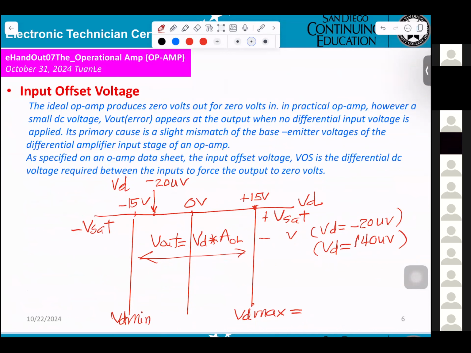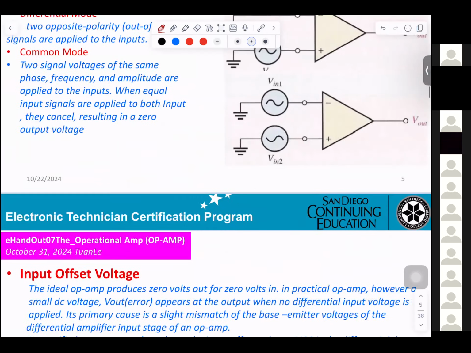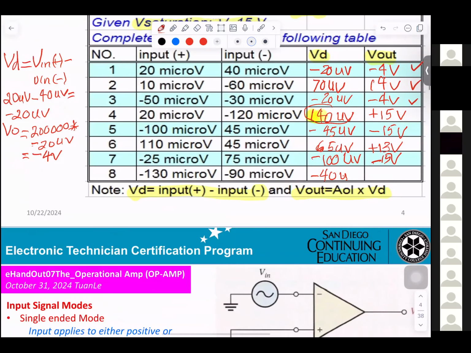So they have to be saturated, and saturated, they will give you Vout plus 15 volt. Now when you calculate the next one, you get a minus 45.